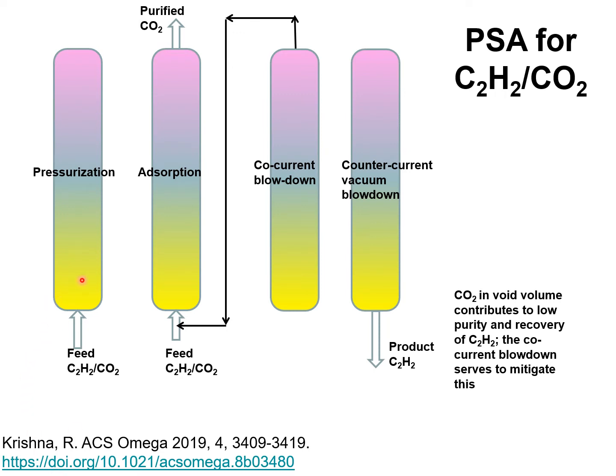It consists of pressurization, an adsorption cycle in which CO2-rich gas is removed at the top, followed by co-current blowdown, and final countercurrent vacuum blowdown to recover the desired high purity product.